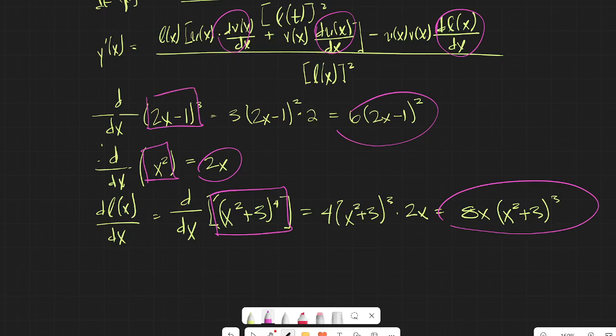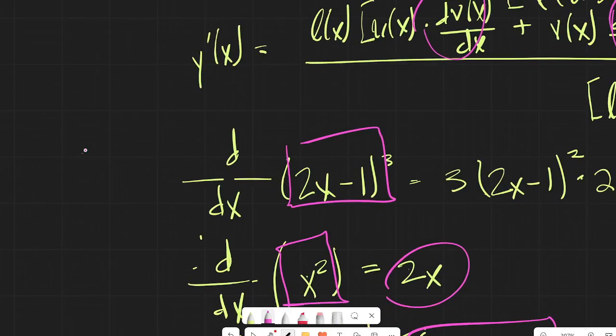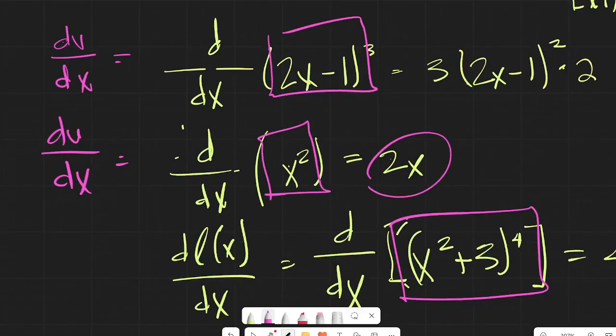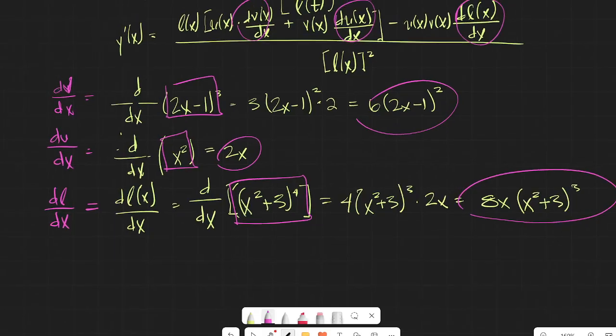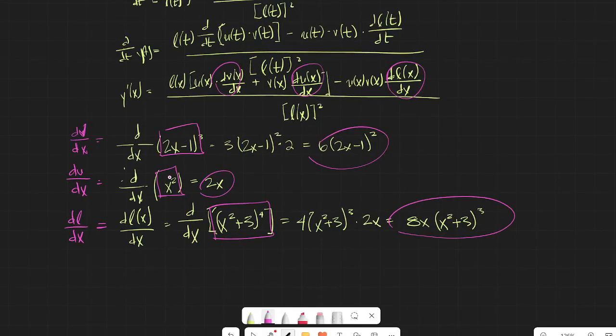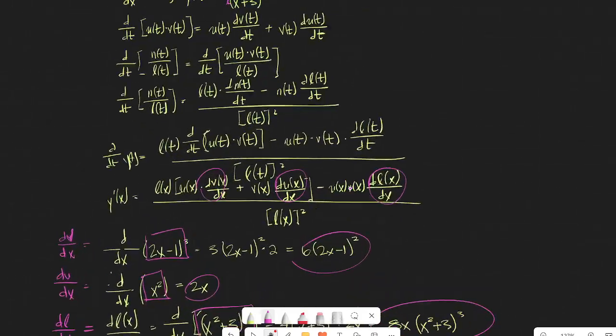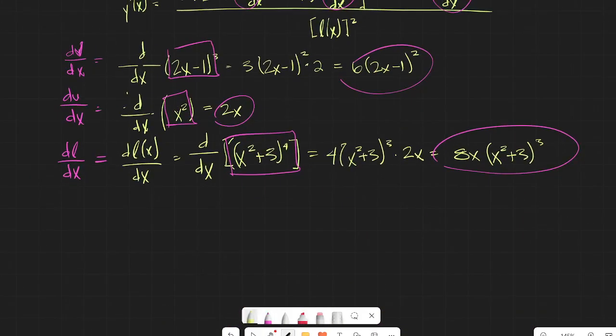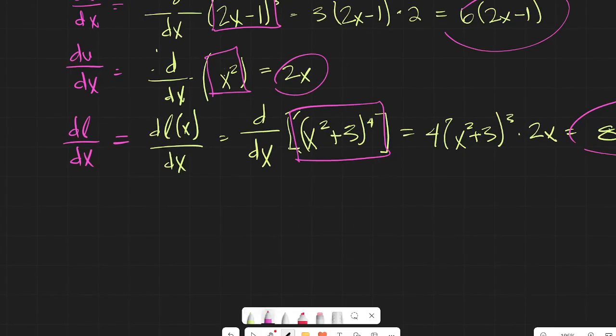So I'm going to write also, I'm just going to say dv over dx equals that, du dx equals this. This is a v, that's a u, this is an L. Yeah, that way we can see what we're plugging in here. And then I've written the functions here. This is why I wrote it this way. I was very thorough so I can have all the values in the same table, and I don't have to look around the document and figure out what's what. So if we just plug this in, we will get the expression.